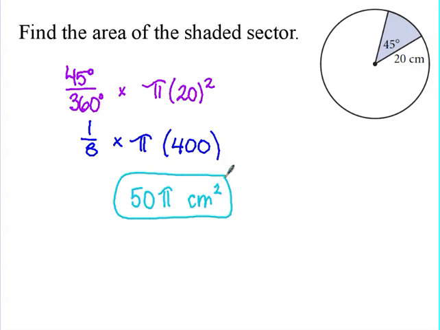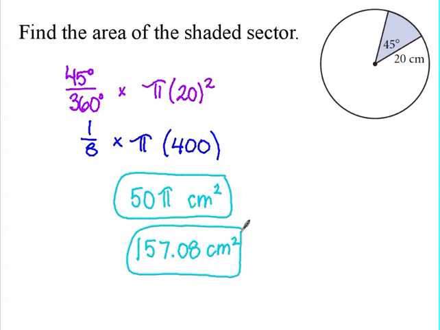If they wanted you to go ahead and multiply that out, you would take 50 times pi. And 50 times pi is what? If you're using one of my calculators and you just get 50 pi and you can't get a decimal equivalent, hit the double arrow right above the enter button, and that will convert it to a decimal.